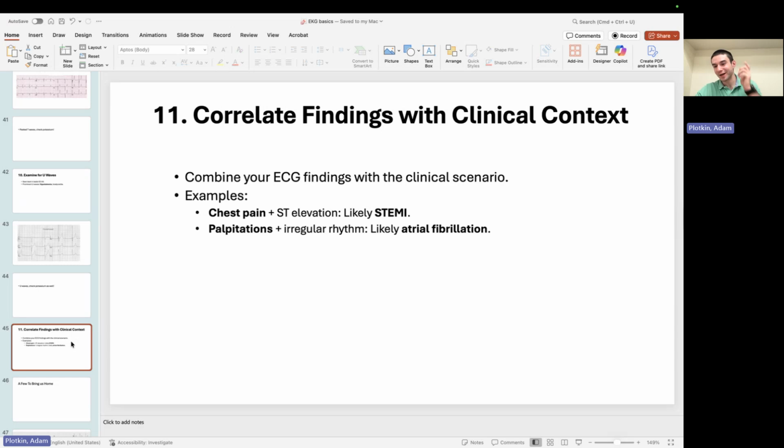Really, there's a nice pattern to this. Rate, rhythm, axis, boom, do those first. And then you just go in order, right? Look at your P waves, look at your QRS, look at your intervals, look at your T waves, look at your ST segments, look at your U waves, right?